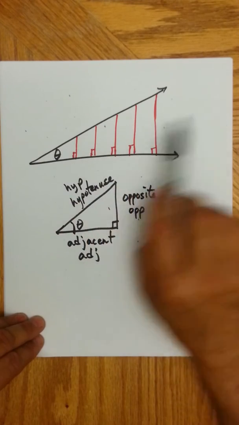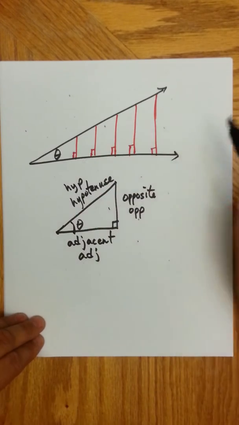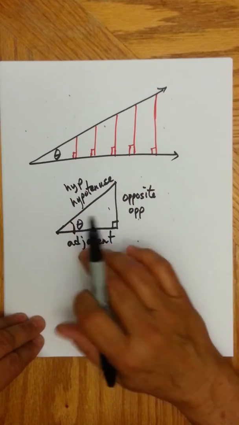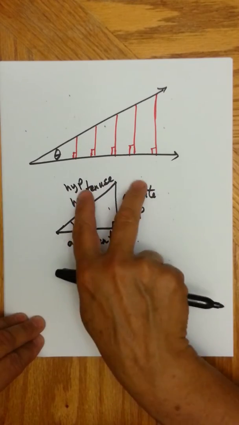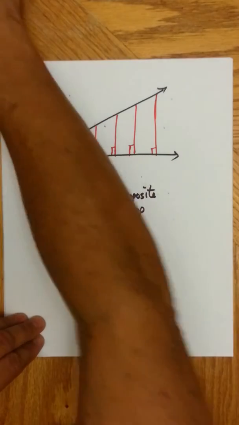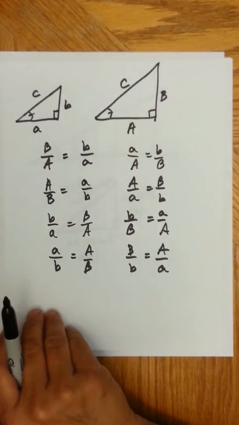Now this is a little easier because this angle is creating an infinite number of similar triangles. How many ratios could I possibly come up with? Because that's what we're really doing here, just forming ratios.